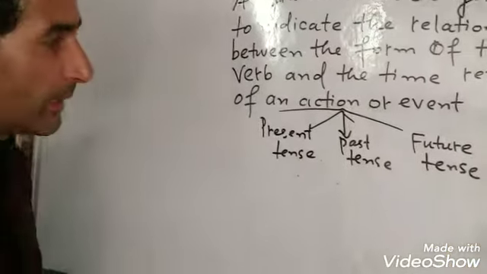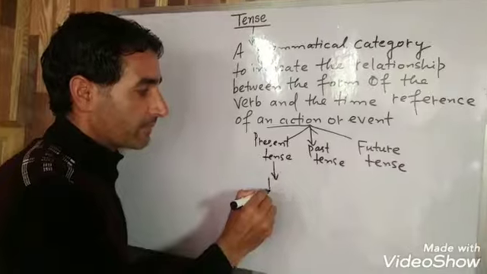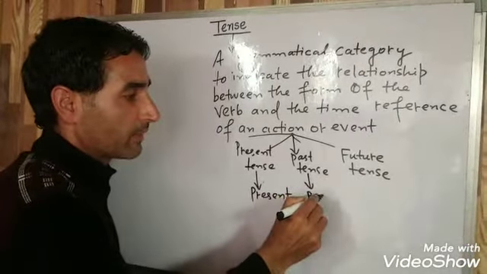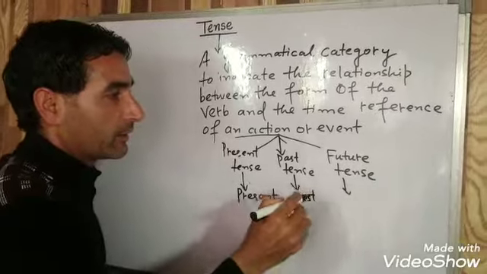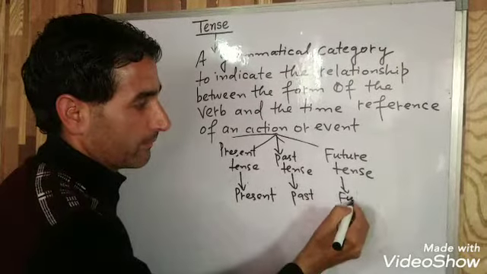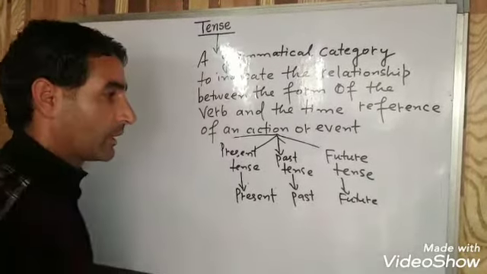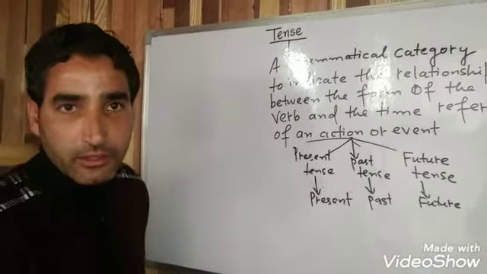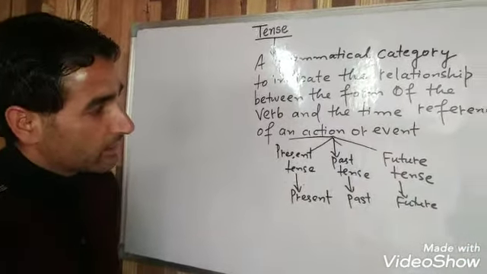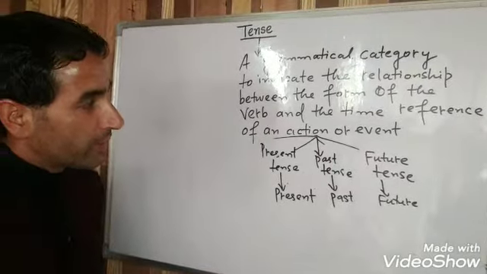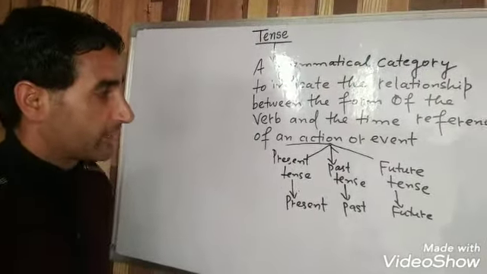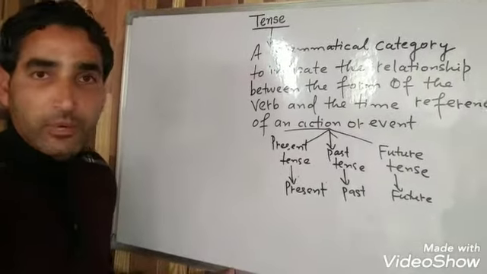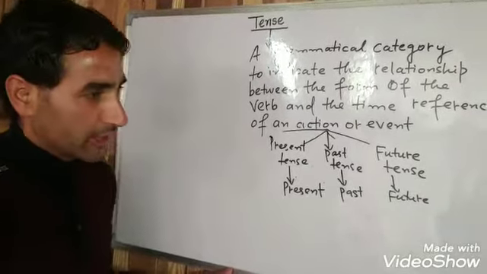Then we say present tense shows present time, past tense shows past time, and future tense shows future time. We will try to find out whether we are correct when we say that there are three tenses in English, that is present tense, past tense and future tense.